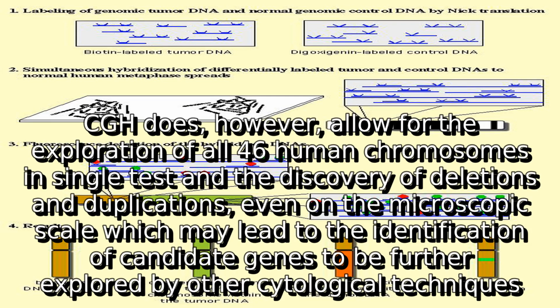CGH does, however, allow for the exploration of all 46 human chromosomes in a single test and the discovery of deletions and duplications, even on the microscopic scale, which may lead to the identification of candidate genes to be further explored by other cytological techniques.